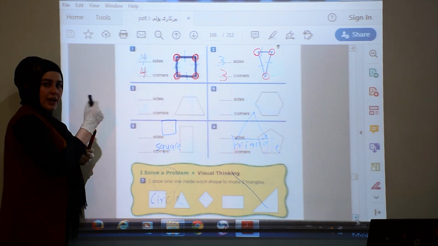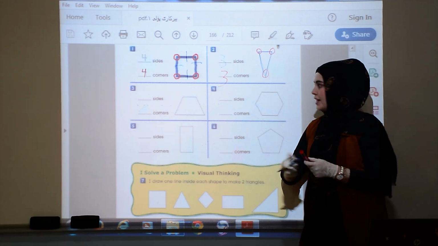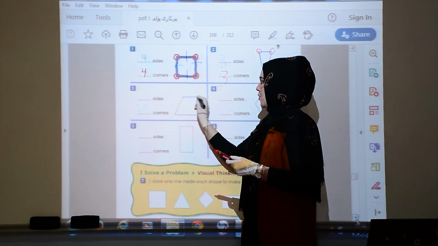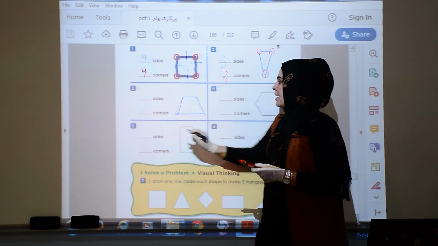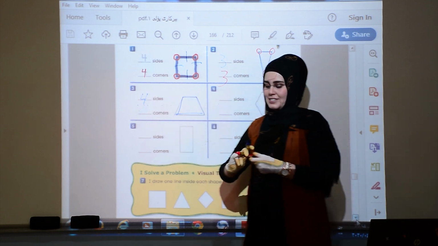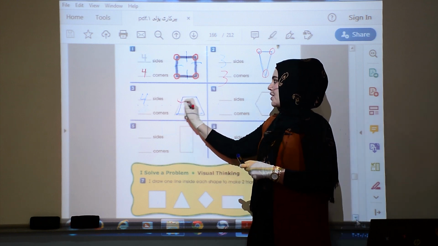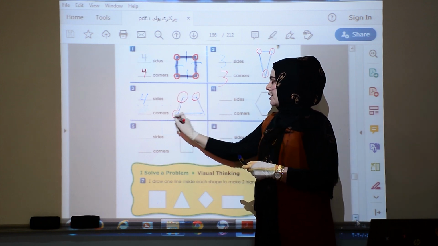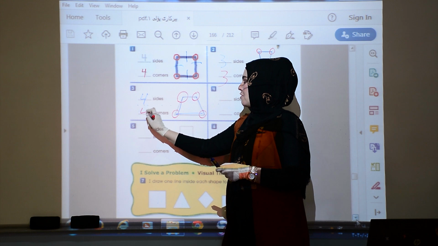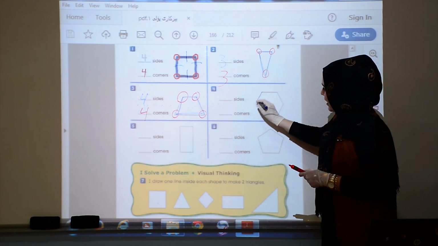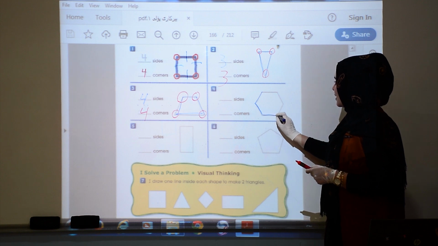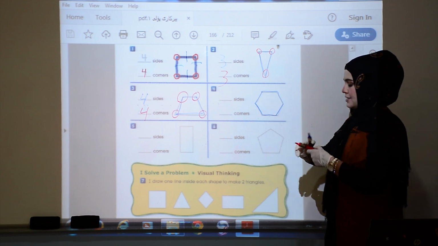Okay, from there, and from there, how many sides I have? 1, 2, 3, 4. I have 4 sides. And how many corners? 1, 2, 3, 4. 4 corners. Okay, from there, 1, 2, 3, 4, 5, 6.